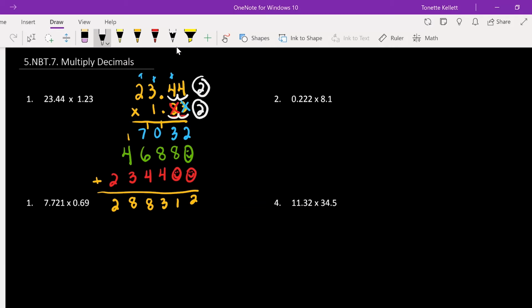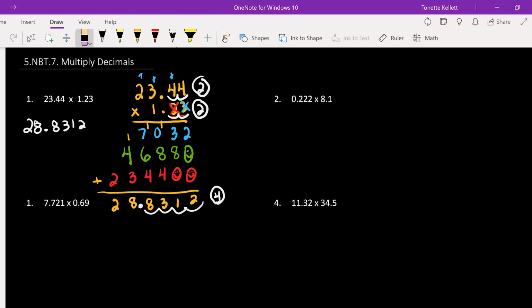So you have 4 decimal places. You want to move the decimal 4 places. Right now it's at the end. So go 4 places over and put your decimal. The answer here would be 28, 8, 3, 1, 2, and that's in the 10 thousandths place, 8,312 10,000.